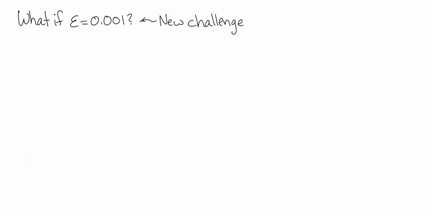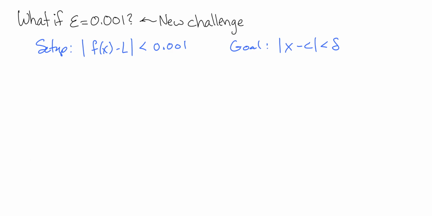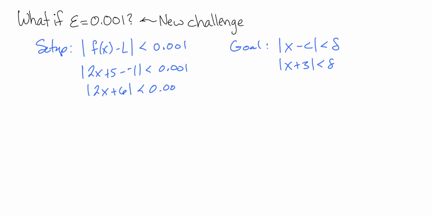Maybe 1/100th isn't a good enough error for you. What if we pose a new challenge? How about epsilon equals 1/1000th, 0.001? Our setup is still the information in the y direction: the absolute value of f of x minus L is less than 0.001, our epsilon. The goal is to make it look like the absolute value of x minus c is less than delta. Again, that would be x plus 3 is less than delta. If we substitute in, the absolute value of 2x plus 5 minus -1 is less than 1/1000th, we get the absolute value of 2x plus 6 is less than 0.001.